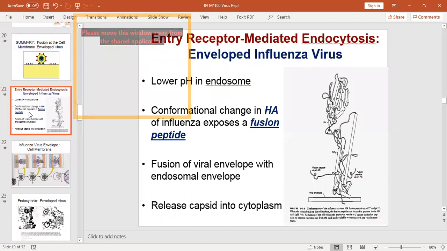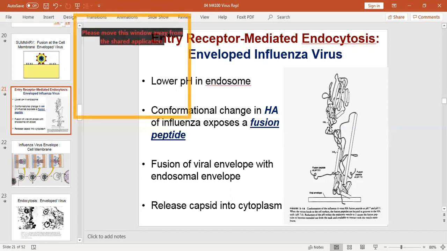Slide number 21. Another example of entry through receptor mediated endocytosis of an enveloped virus such as influenza virus. As we talked, the pH in the endosome is acidic or lower. This results in a conformational change in the hemagglutinin or HA of the influenza virus.